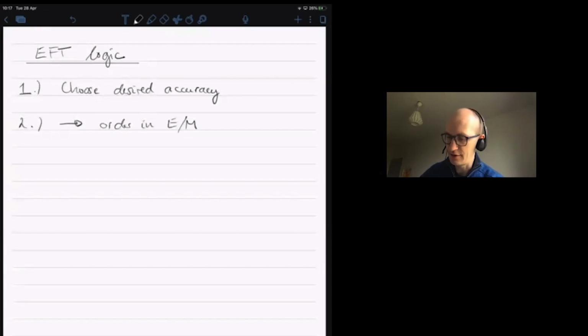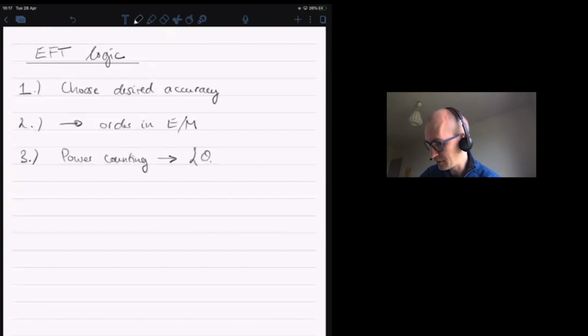Then we use power counting to identify all the operators, the set of all operators, denoted O_N, that can contribute. And in particular, this is a finite set.